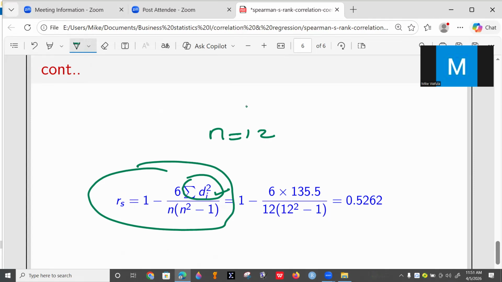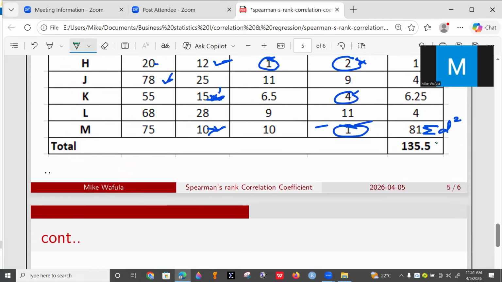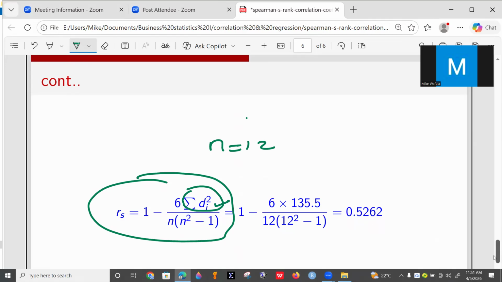So N, we have no problem. When we sum, as in our previous problem, we get 135.5. That is the only figure that we are interested in from that table, and that is what we plug into the formula here, 135.5.